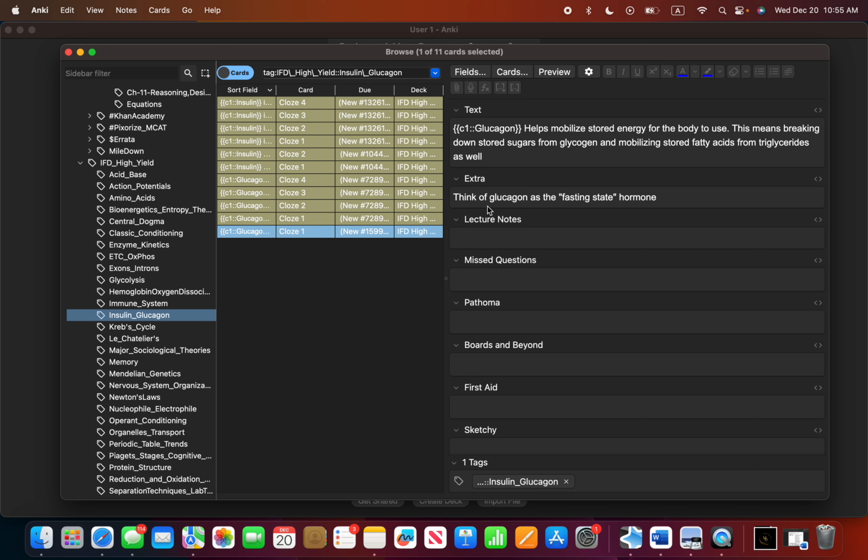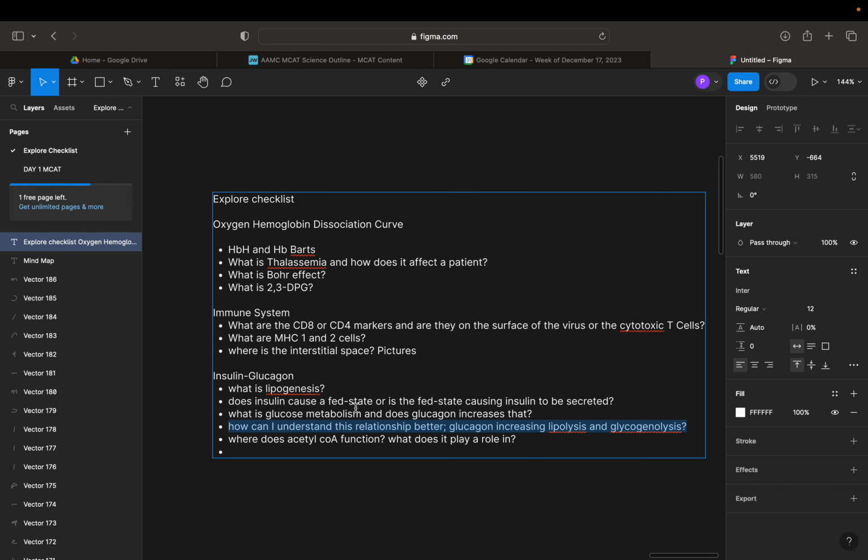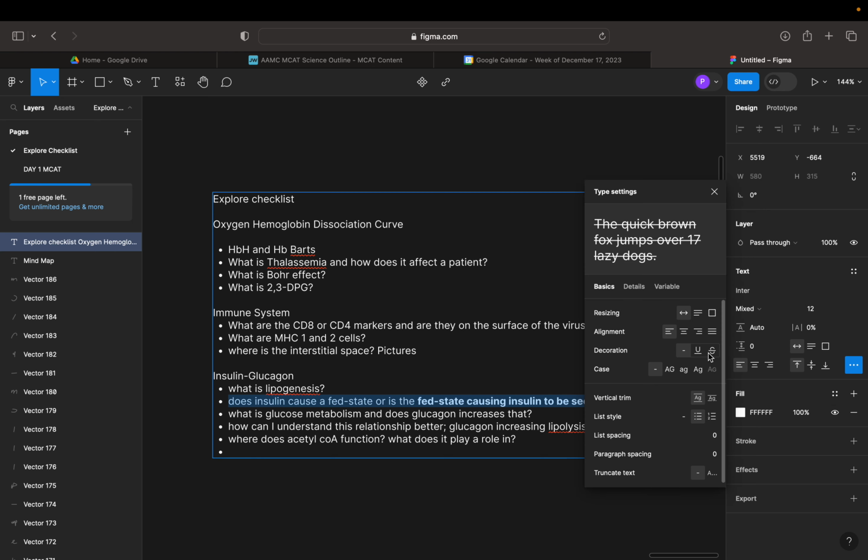So they mimic glucagon by breaking down the glycogen and source of carbs in our liver, so you're not hungry anymore, right? So it is the fed state here that also causes insulin to be secreted. We can cross it off, right? The ones that we answer.